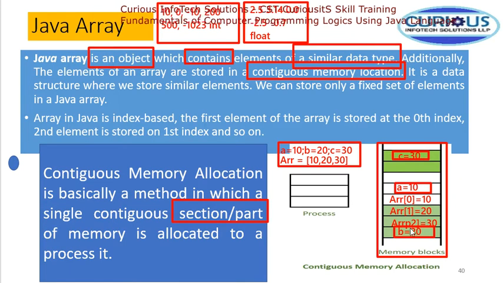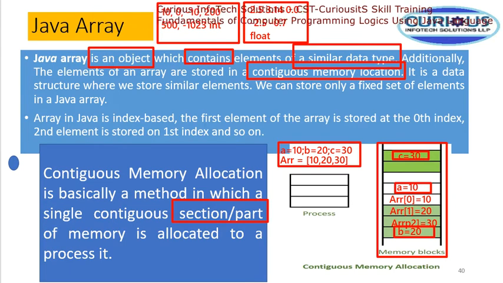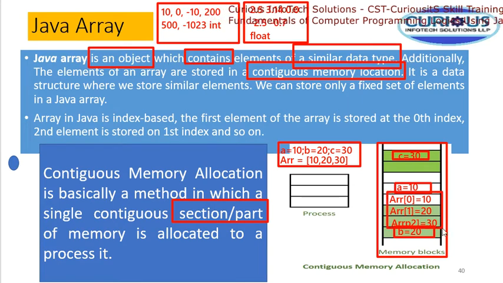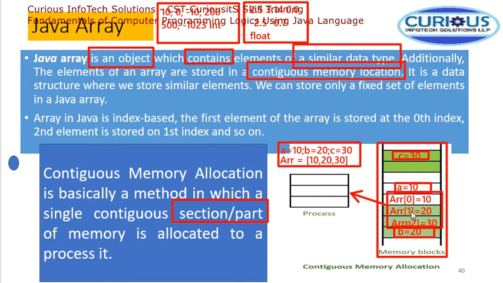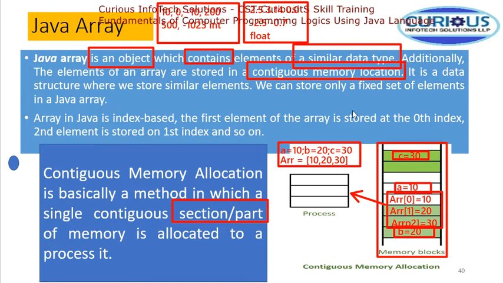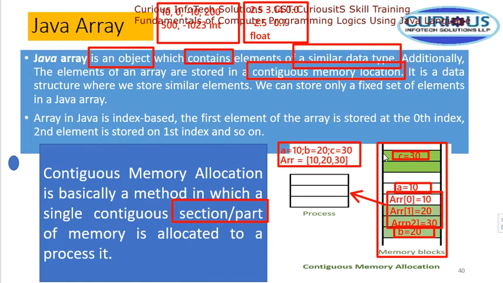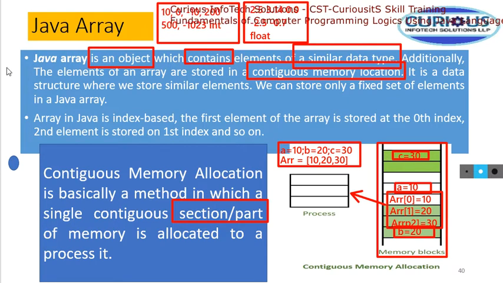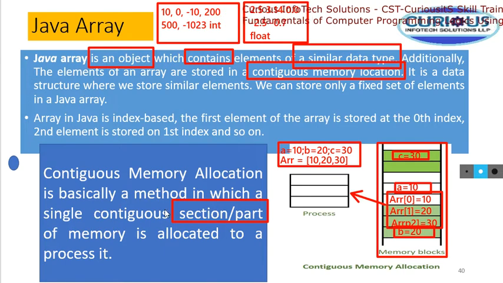Whenever we process, we can directly bring all of these values in and process the whole array. Okay, so this is about the need of an array, what an array is, and what contiguous memory allocation is.